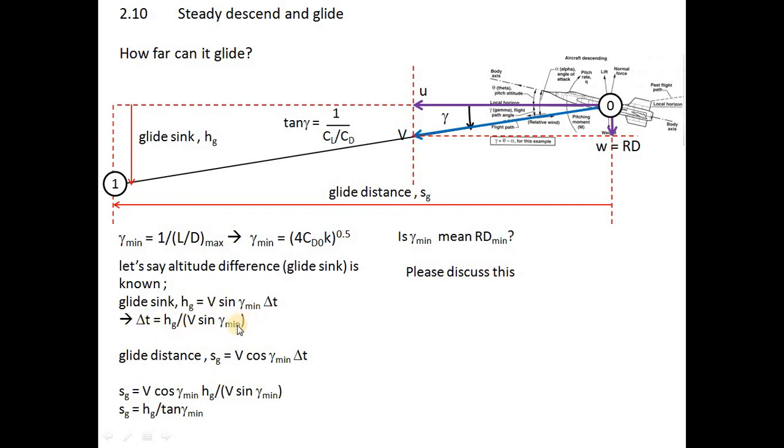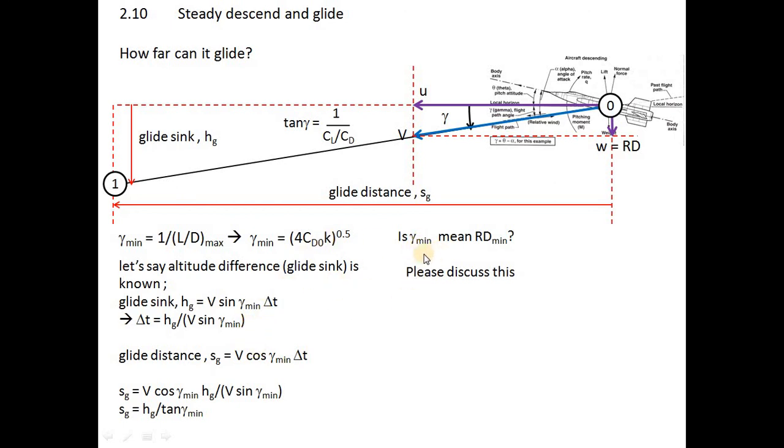The Hg is the altitude, the altitude is the glide sink. And if you want to find the glide distance, S is equal to V cosine gamma minimum times the time. So you get the glide distance, or simply Hg over tangent gamma minimum. So this is basically the kinematics part of it.